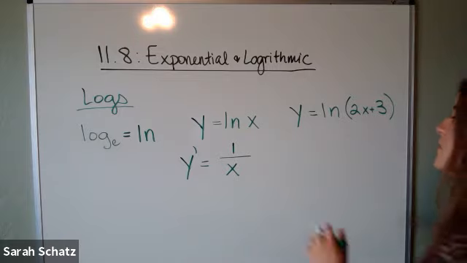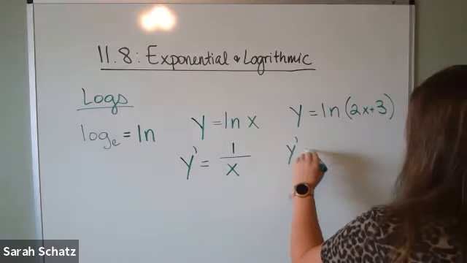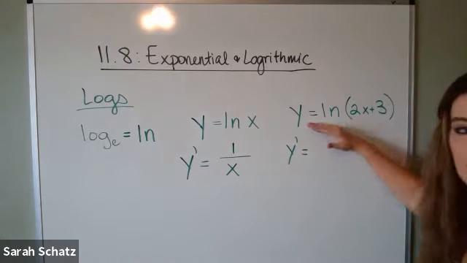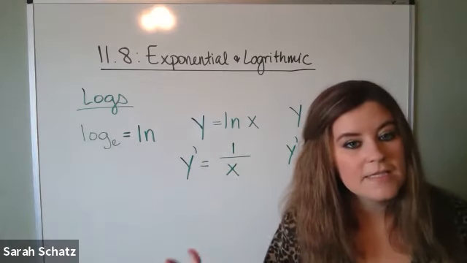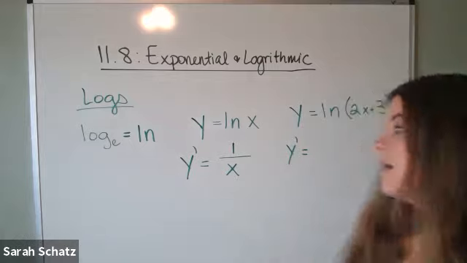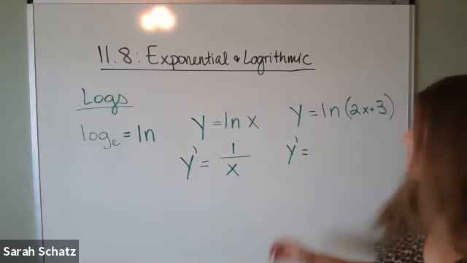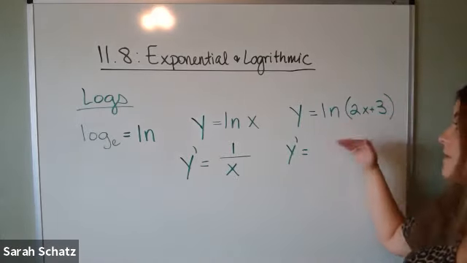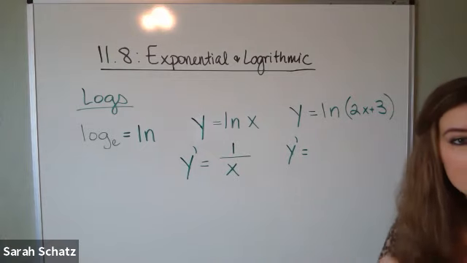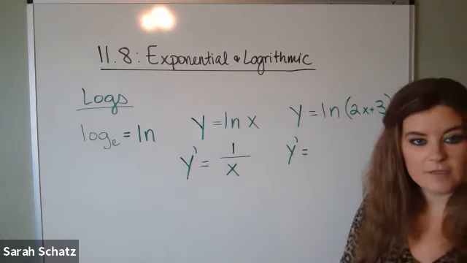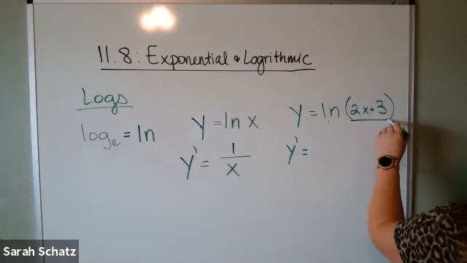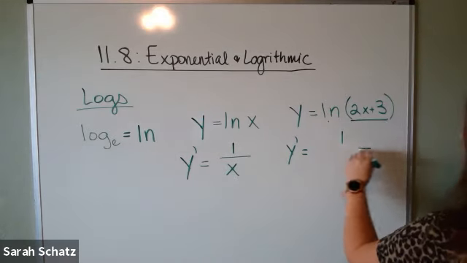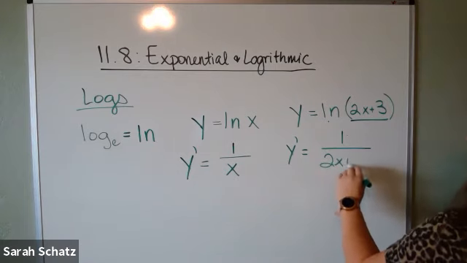When I take the derivative, because the main thing happening here, the big picture, the outside function is natural log, I know the first thing I'm going to do is take this and do 1 over that, because that's how you take the derivative of natural log. That's the rule. So y equals natural log of this, my derivative looks like 1 over this.